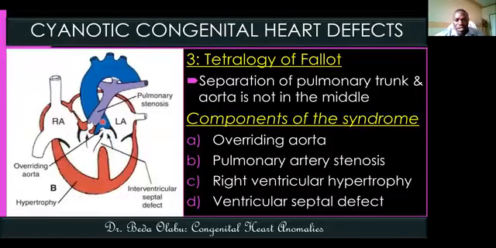It's not affected. The septum is there, except not in the midline. So in this case, the aorta receives blood from both ventricles. What gives you cyanosis is this one, that the right ventricle takes blood to the aorta as well. So that will give you right to left shunt.